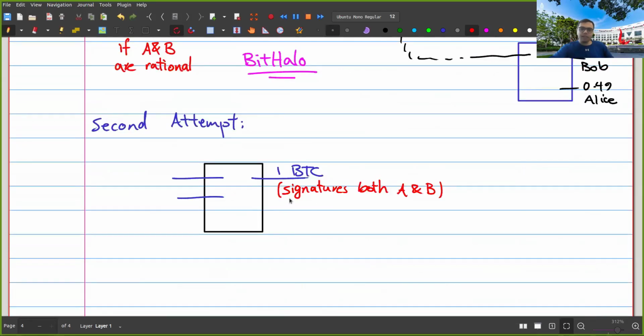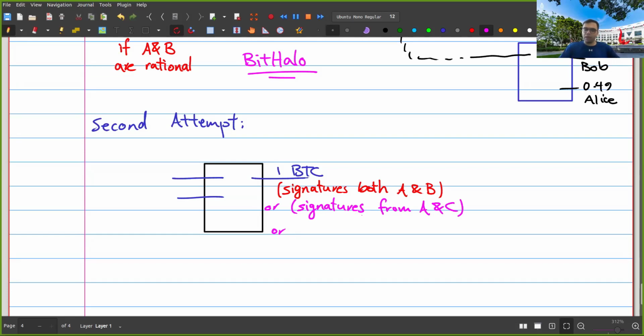So I can say, if you have a signature from Alice and Bob, that's fine. But it's also fine if you have signatures from Alice and Carol. And similarly for Bob. Let's say Alice is cheating. Alice doesn't want to sign even though she has received the item.